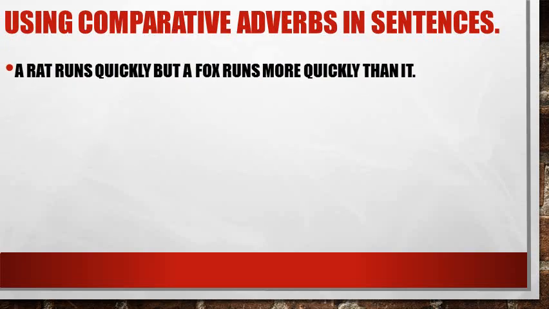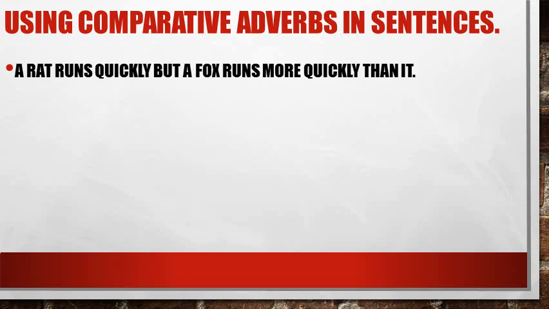Now look at this. A rat runs quickly, but a fox runs more quickly than it. We are using quickly, runs quickly, and this one, more quickly, here. You'll be like, why didn't we say a rat runs quick, but a fox runs more quickly? Why didn't we just use quick here?